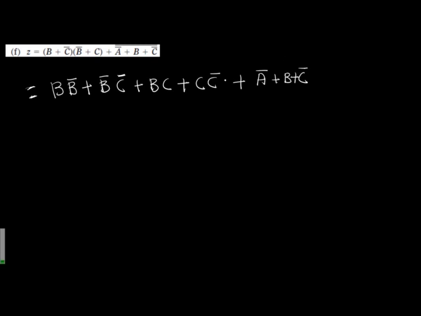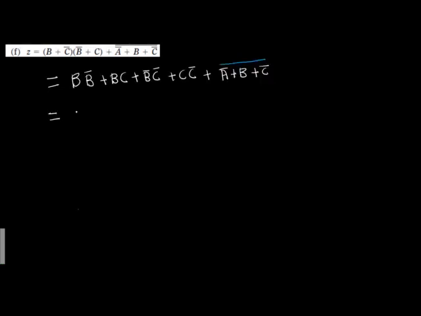Now we have B bar will be a 0, B, C, or with B bar, C bar, or with 0, and here we will apply De Morgan. So the or will become and. The original ones I'm going to leave there.